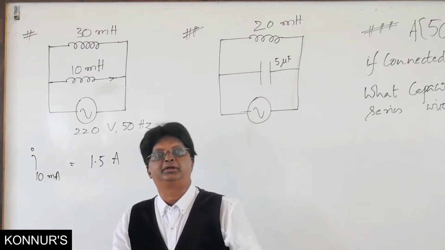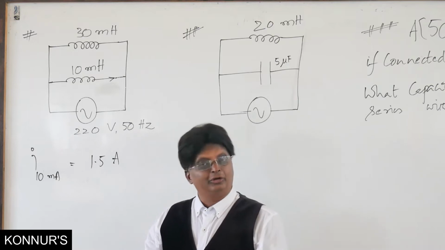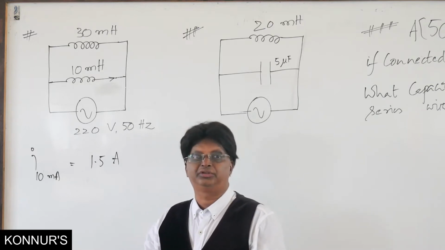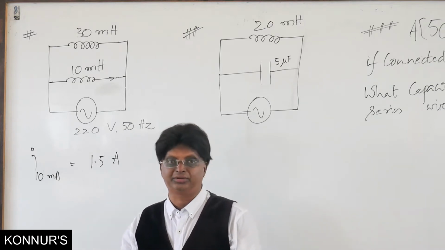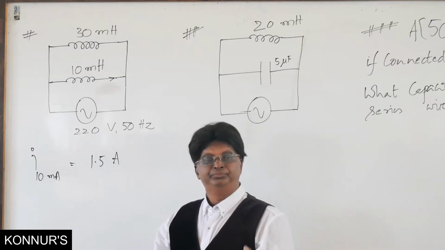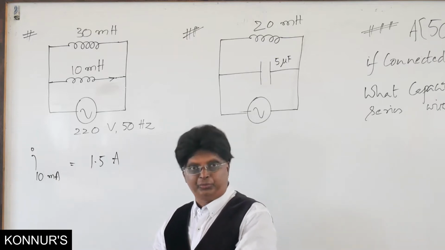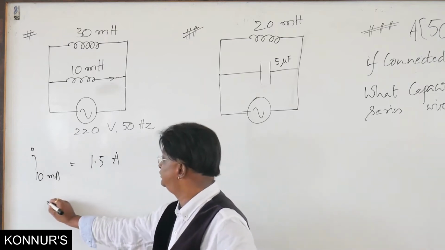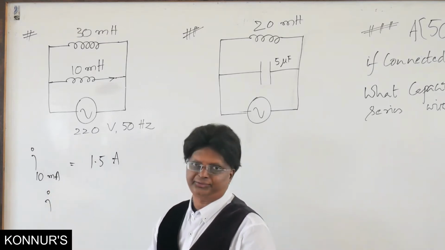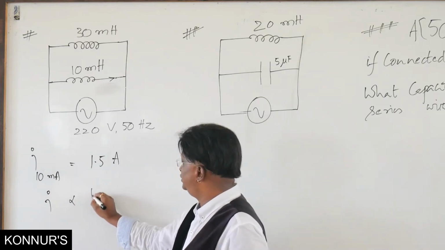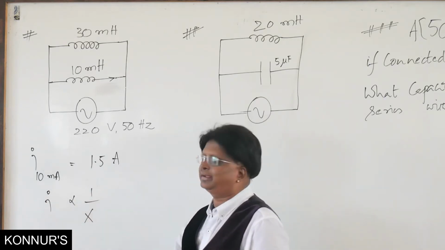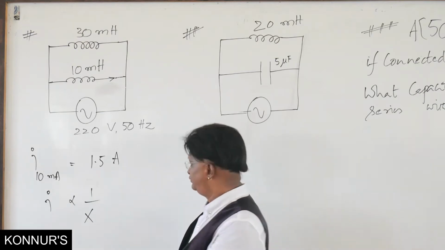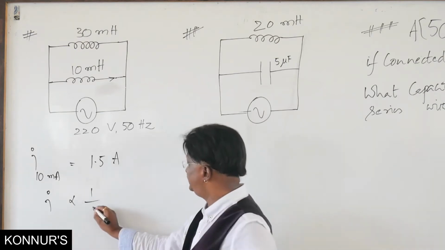Maybe the case is inductors with AC, but the concept is the same. Parallel combination, current division, inverse ratio of resistance. That resistance, with respect to an inductor, is what is called reactance. Therefore here also the rule is that the current through the inductor I is proportional to 1 by X, X for the reactance, instead of resistance.